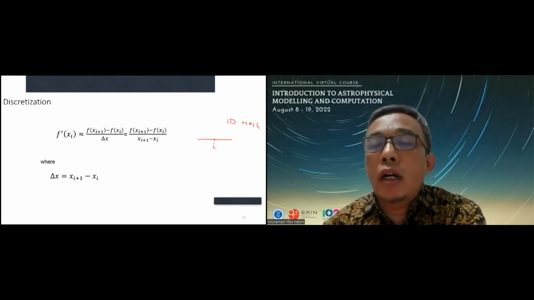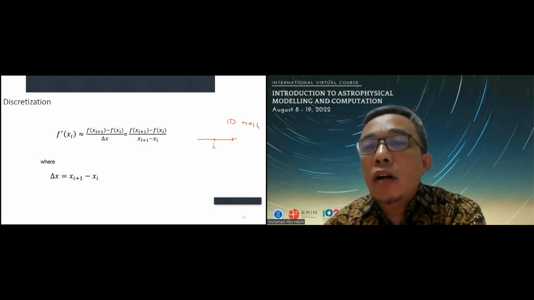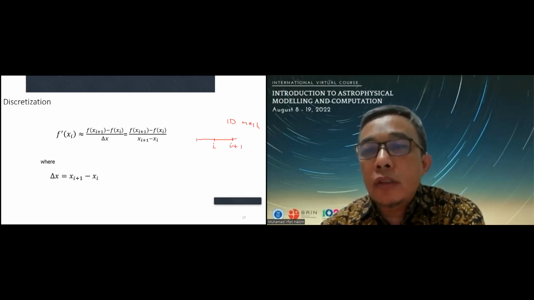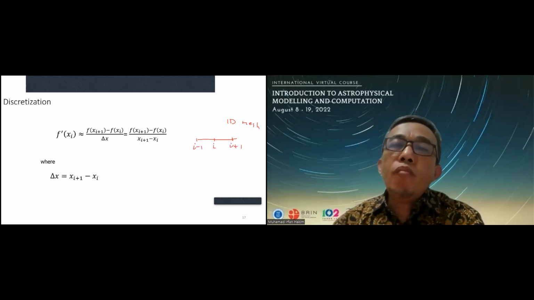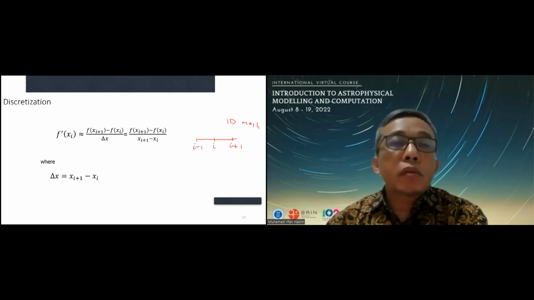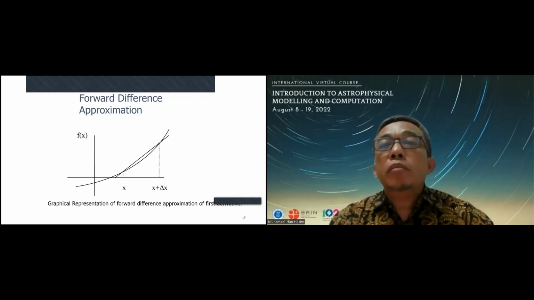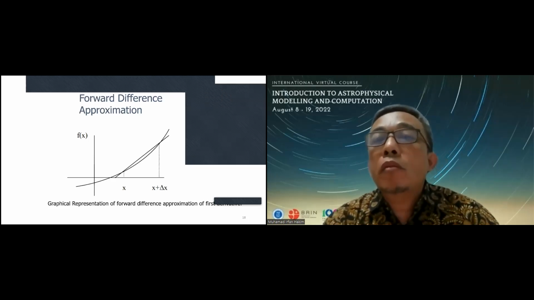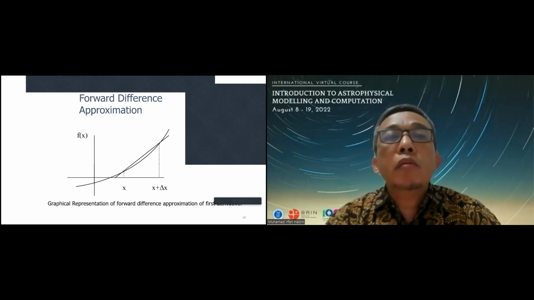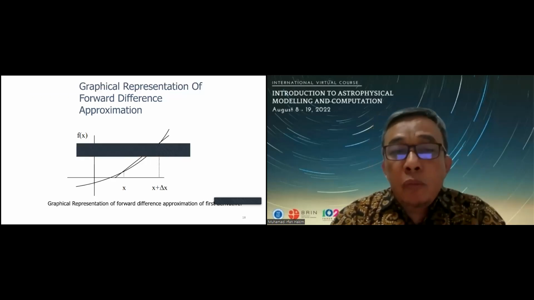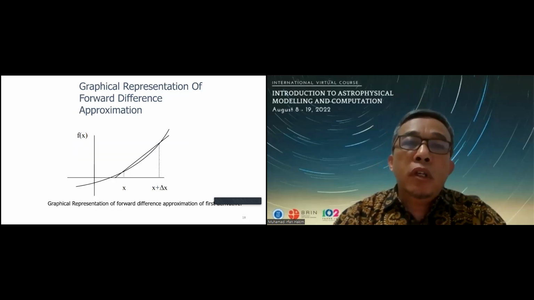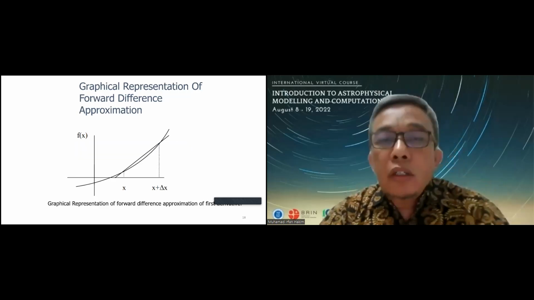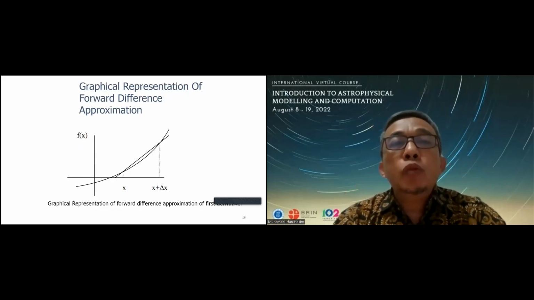This is node i. On the right is node i plus 1. On the left is node i minus 1. I'll skip this slide, the graphical representation. It's very easy to understand.